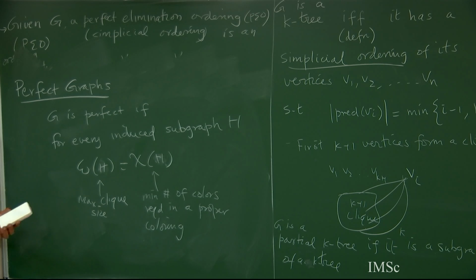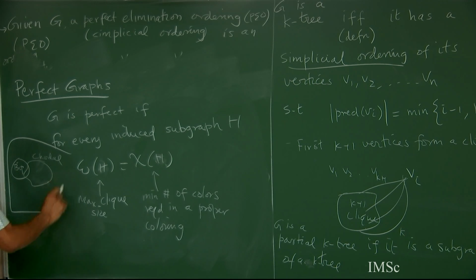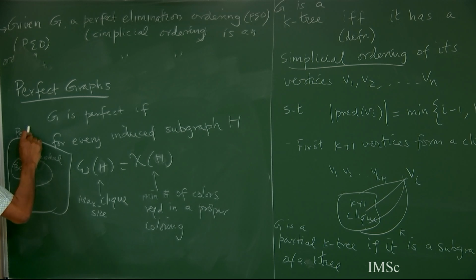Otherwise, it's 1. So bipartite graphs are perfect. But bipartite graphs need not be chordal. Some bipartite graphs are chordal, and they all belong to this perfect class.